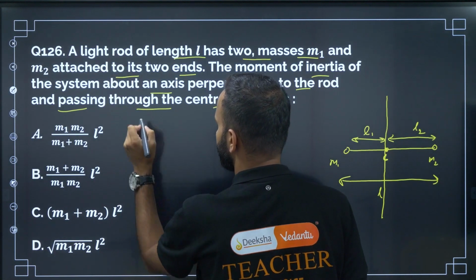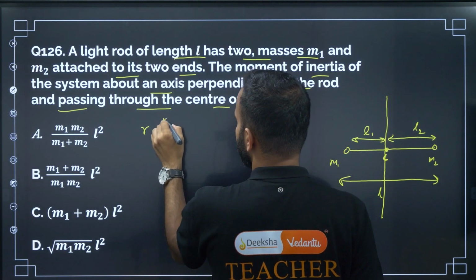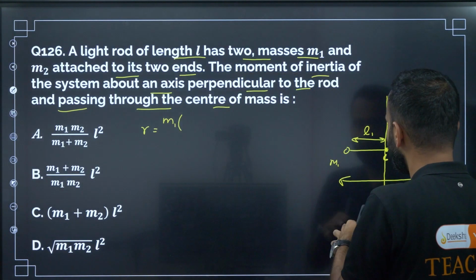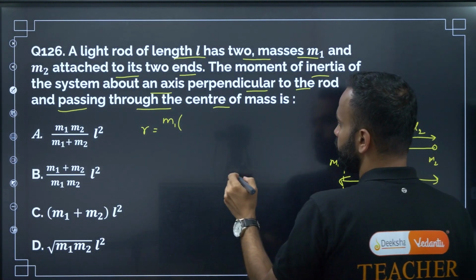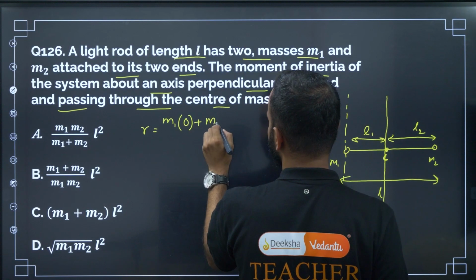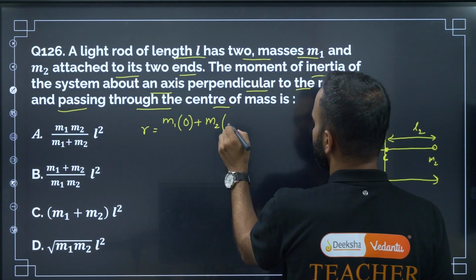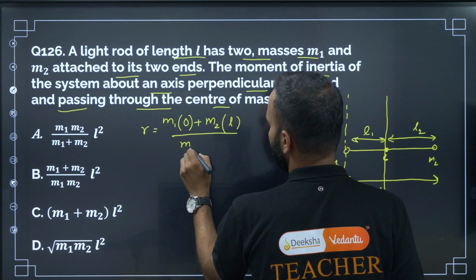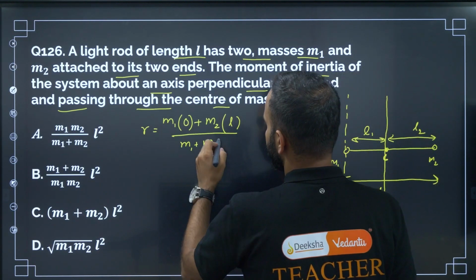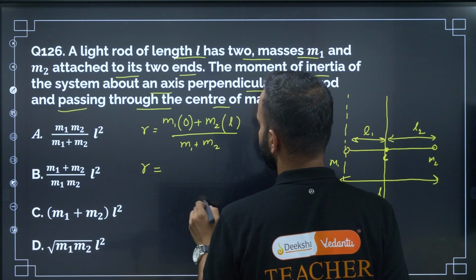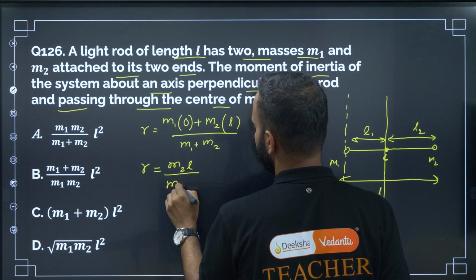Here, center of mass of the system: R is equal to m1 into 0 plus m2 into L, divided by m1 plus m2, taking the position of m1 as origin. So R is equal to m2 into L divided by m1 plus m2.